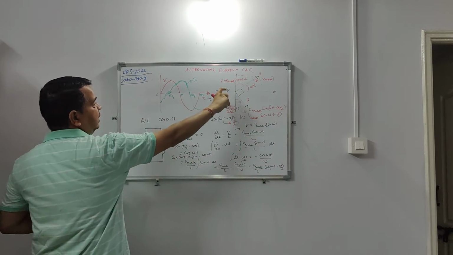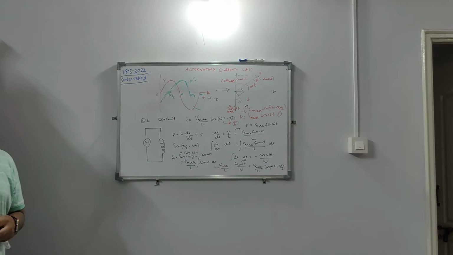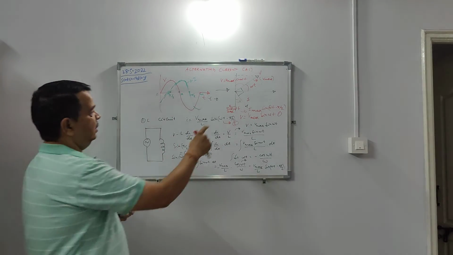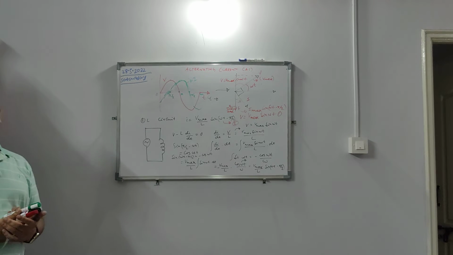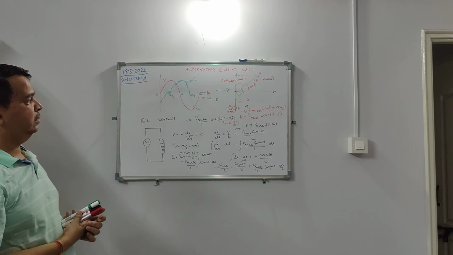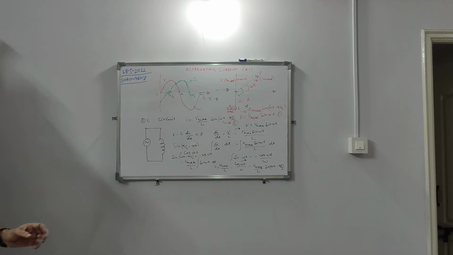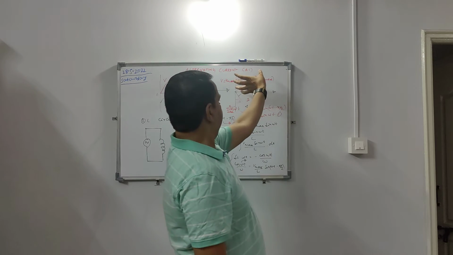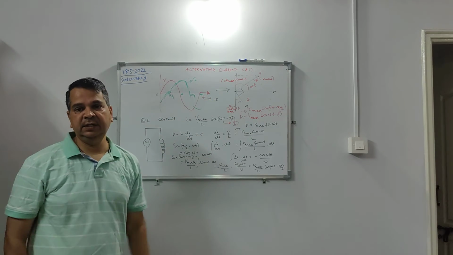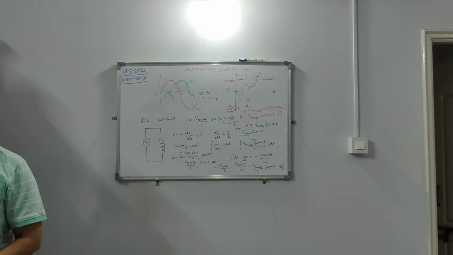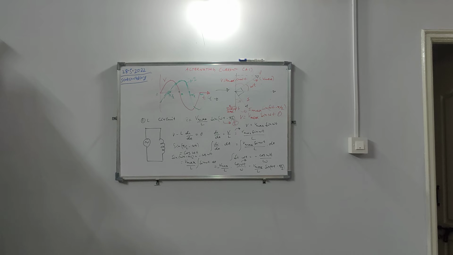When you are projecting on the y-axis, you are getting the instantaneous values. Instantaneous voltage, instantaneous current, but those vectors look like this, and you can clearly see there is a phase difference of pi by 2 between them.